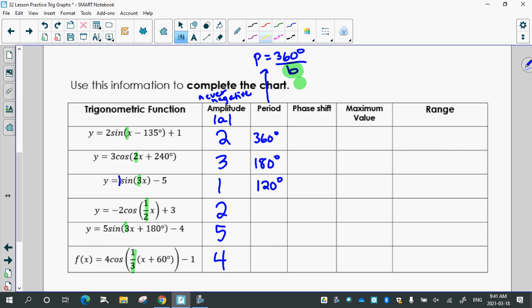Remember that's how much it takes horizontally for one cycle. 360 divided by a half, 720 degrees. It takes 720 degrees for just one cycle. 360 divided by 3 is 120. 360 divided by a third means multiply by the reciprocal, so times 3 is 1080 for one cycle. That's horizontally stretched by a factor of 3. Okay.